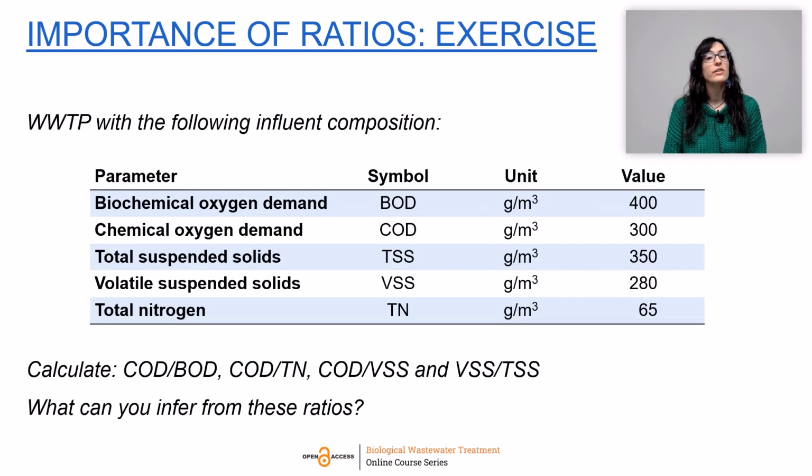Let's do now another exercise to put into practice what we have just learned about this topic. Imagine that we work in a wastewater treatment plant and we have to treat a certain wastewater with the composition that you can see in this slide. We have to calculate different ratios and interpret their values. That means we have to see what we can infer from them.